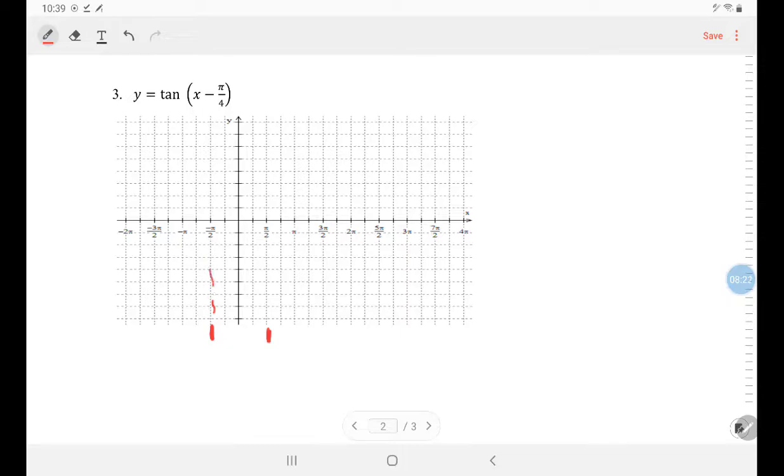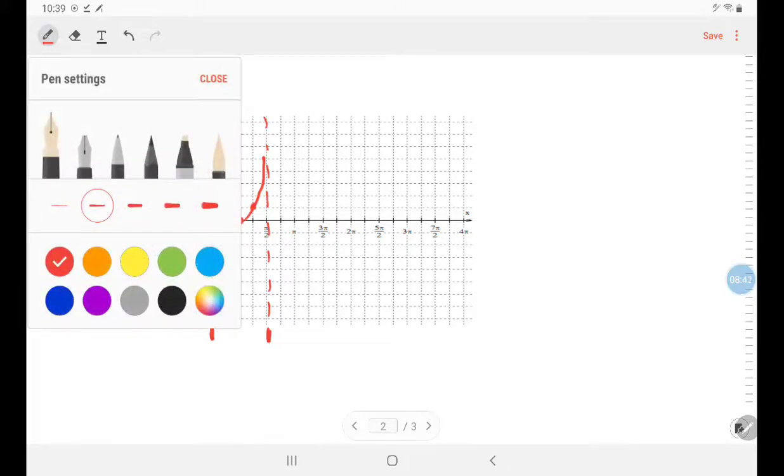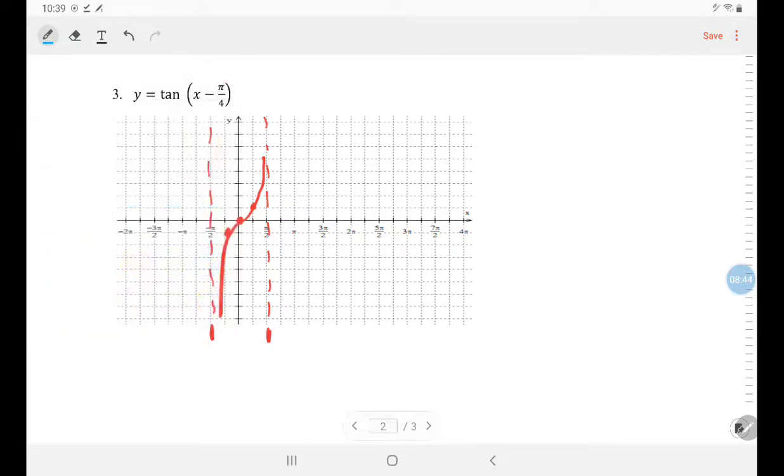If I were to just make the whole parent graph here, and then again, I know that the tangent has a 0 right in the middle. Pi over 4 is 1, negative pi over 4 is negative 1. So there's my parent for the tangent, excuse me. If I were to do this with my shifts, I see a phase shift of pi over 4, and since this says minus right here, I know I'm going to go to the right.